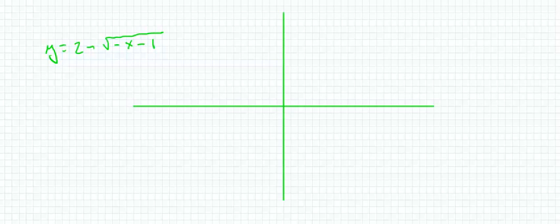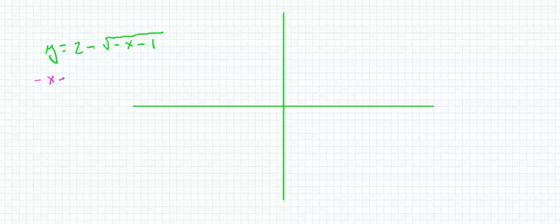Let's look at one last graph. Y equals 2 minus the square root of negative x minus 1. First thing we want to do is find our starting point.